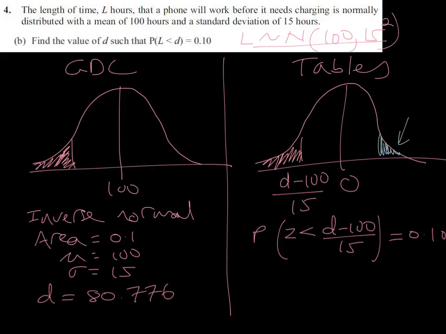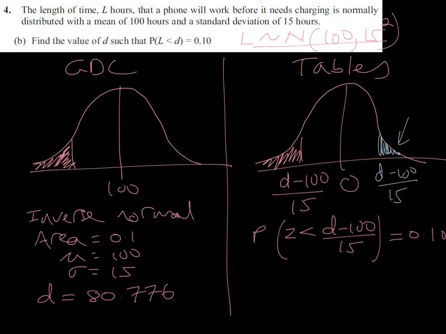So what we could try and figure out is the value on this side such that (D − 100)/15 was less than 90%. However, again, if you look at the tables, you won't find a probability of 0.90. So you've actually got to crack this particular problem using the percentage points table, which is the second table.